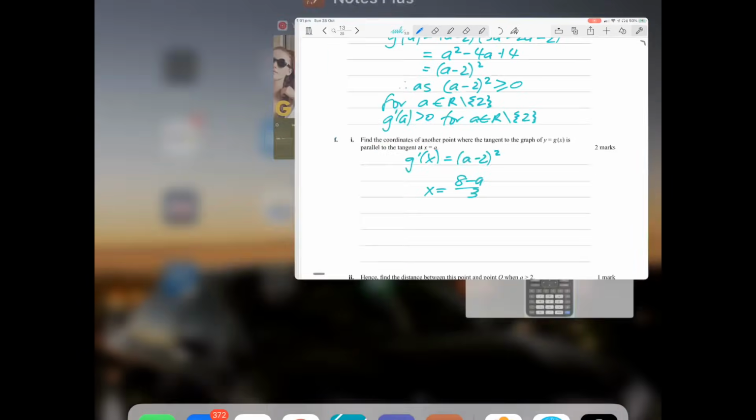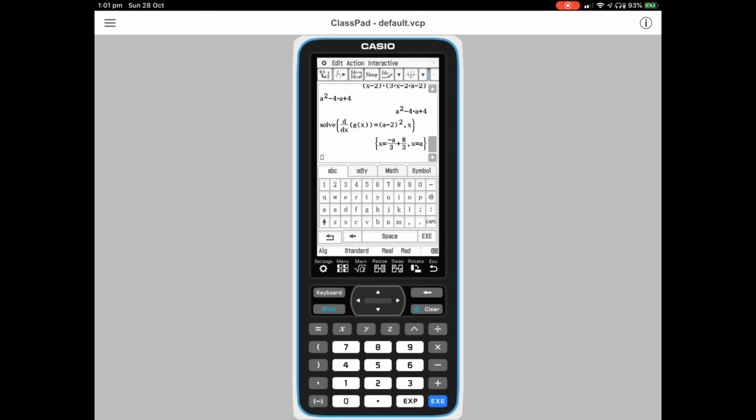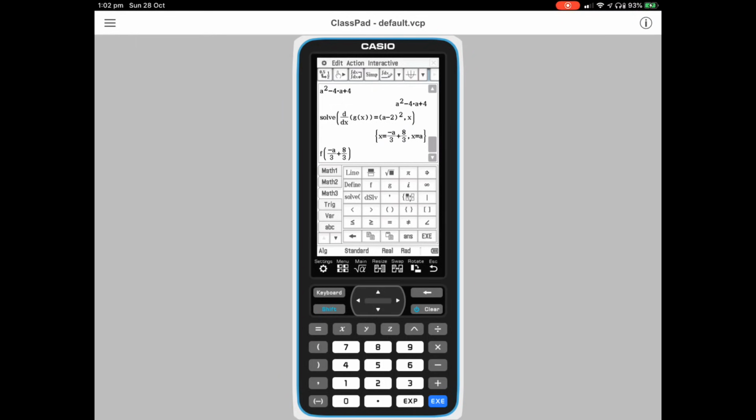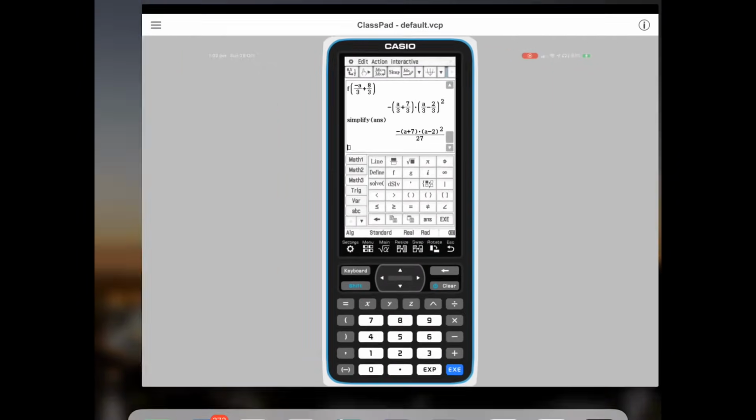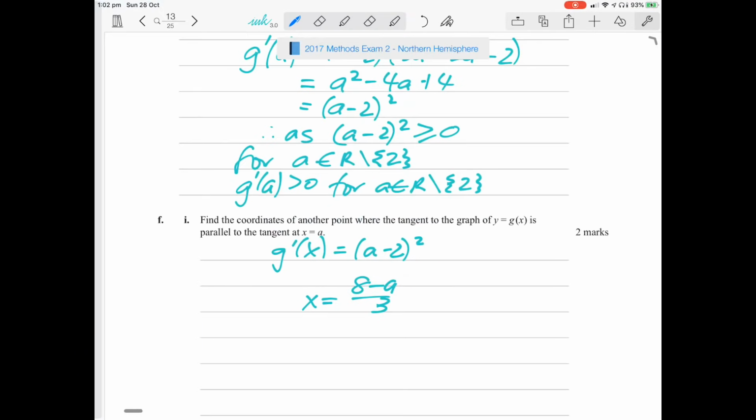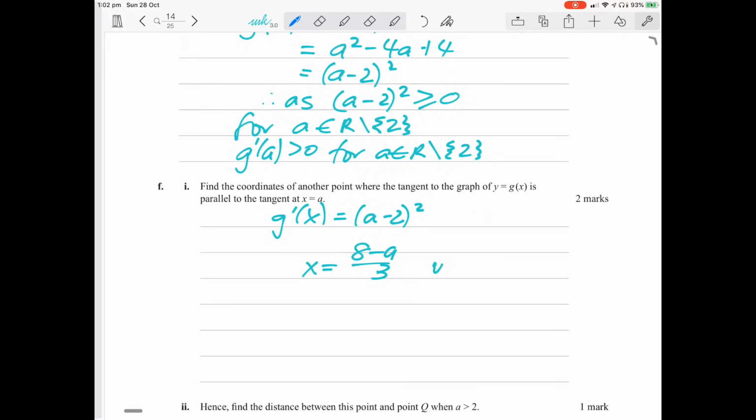So let's find the coordinates. We want g of that value, which gives (a + 7)(a - 2) squared on 27.